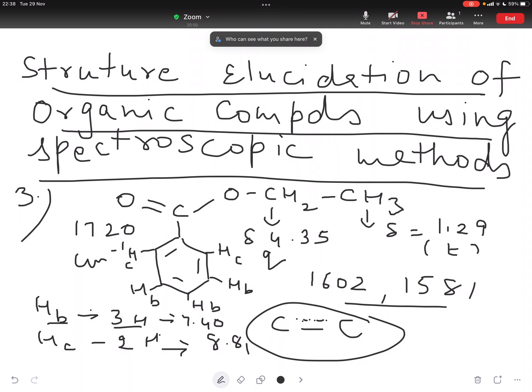So in the case of aromatic protons, there are a total of 5 protons. 2 are of one type, 3 are of another type. 2 are downfield, which are near the C double bond O, where the deshielding effect is there. So they appear downfield, and B type of protons appear somewhat upfield at 7.40. So this is the structure of the compound. Thank you.